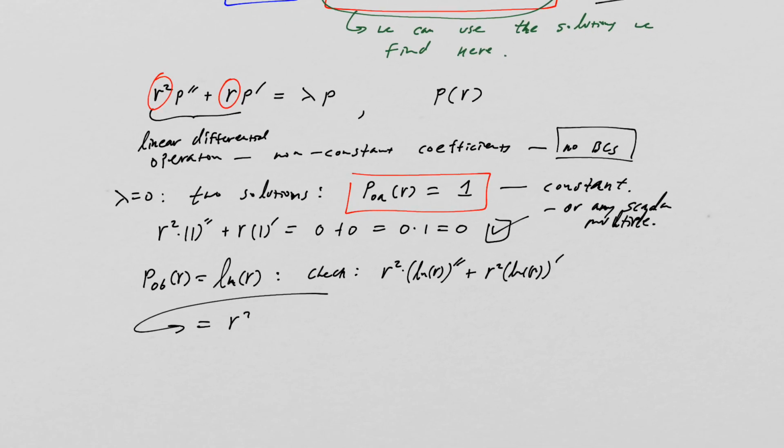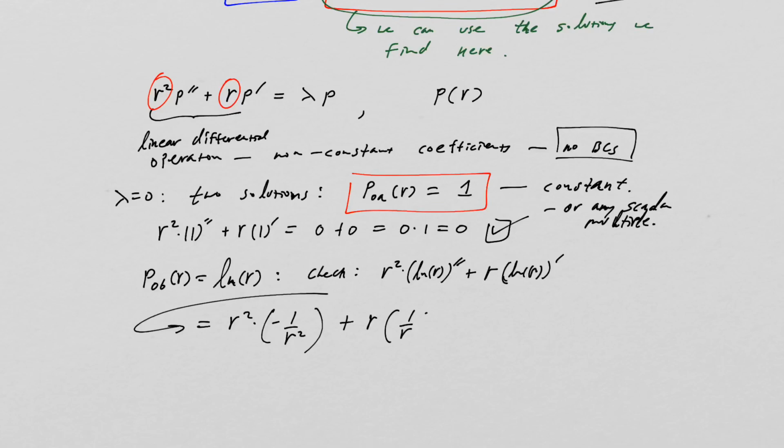The first derivative is 1 over r, and the derivative of 1 over r is negative 1 over r squared. Oops, looks like I made a mistake. There we go. I forgot to put that r to the first power there on my other line.